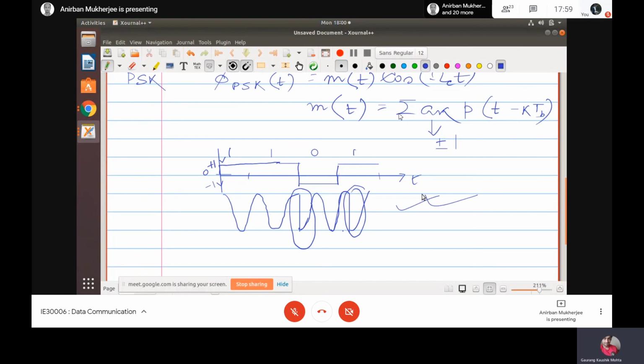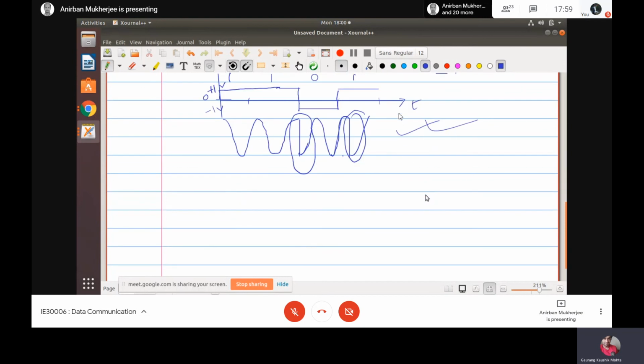If it is frequency shifting, then what do we do? Phase shifting means depending on the symbol waveform, I am modifying the phase. Frequency shifting means I am changing the frequency depending on this signal.